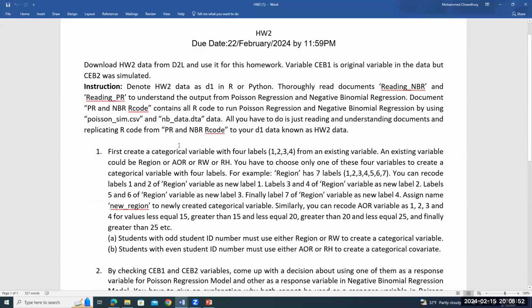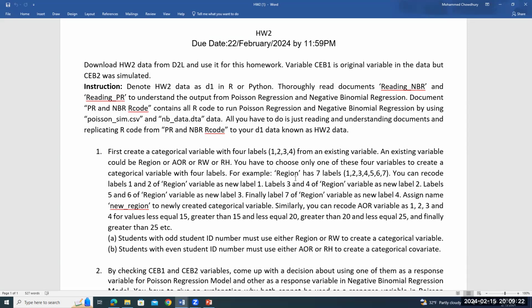First, create a categorical variable with 4 levels, 1, 2, 3, 4, from an existing variable. I give you a clear instruction. An existing variable could be region, or AOR, which is age of respondent, or RW, which is the respondent weight, or RH, which is the respondent height. Clear?